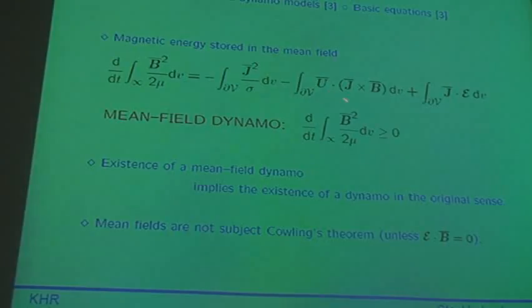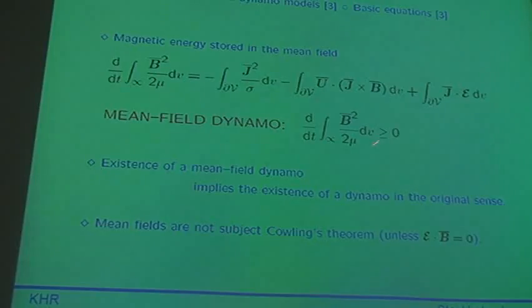You have here the action of the Lorentz force, and if you move the fluid against the Lorentz force, of course you enlarge the energy which is stored in the mean field, and you have here the corresponding term for the mean electromotive force E.